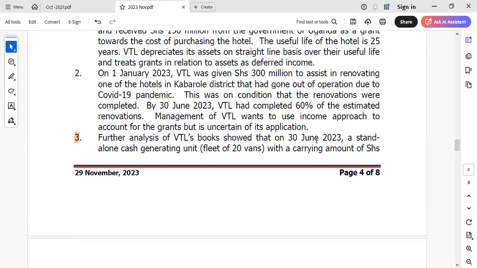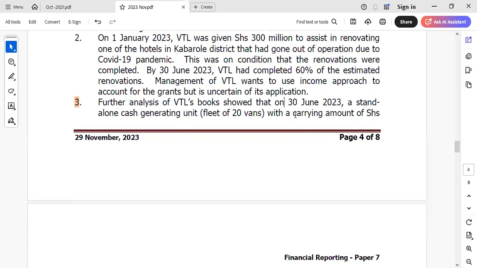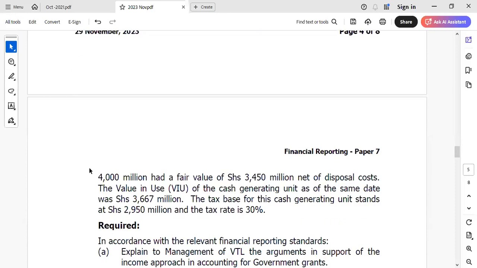They told us that further analysis of note number 3 showed that on 30th June 2023, a standalone cash generating unit with the carrying amount of shillings 4,000 million had the fair value of this and the value in use at the same date.